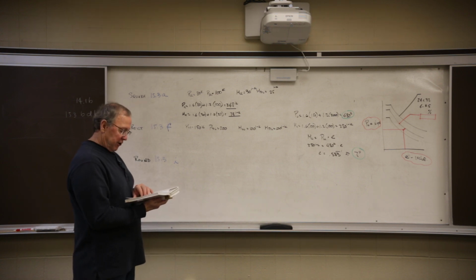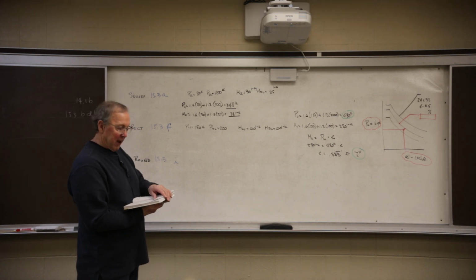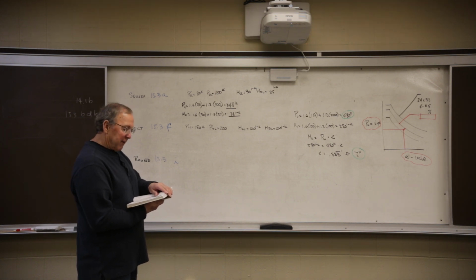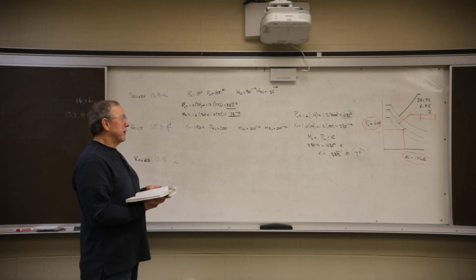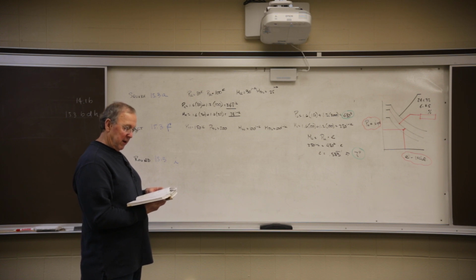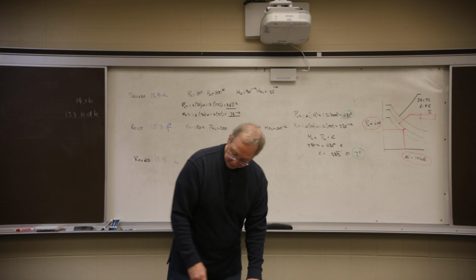So my only choices are 15.11 and 15.12. The problem statement says use concrete of 5,000. 15.11 is 5,000, 15.12 is 6,000. The only table I can possibly use is table 15.11. Put your finger on 480 and 7 and see what you get.